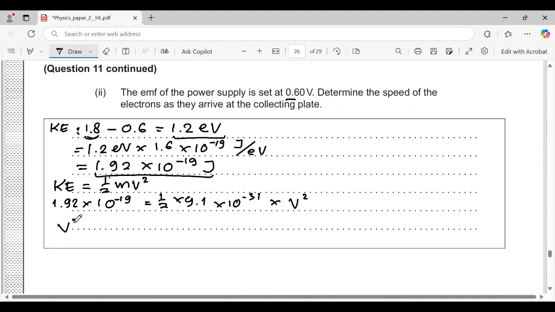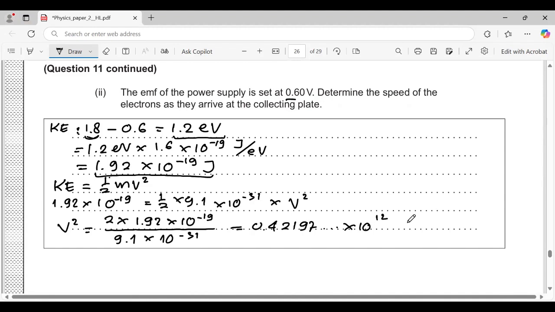Or we can rearrange this equation, becomes v squared equals 2 times 1.92 times 10 power minus 19, divided by 9.1 times 10 power minus 31. It equals 0.4219 times 10 power 12.